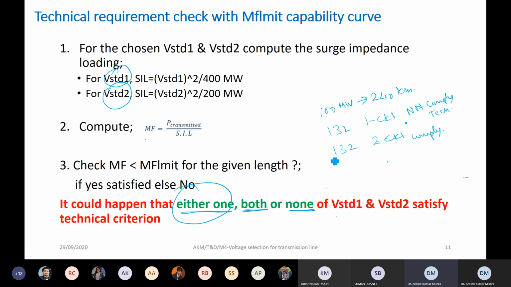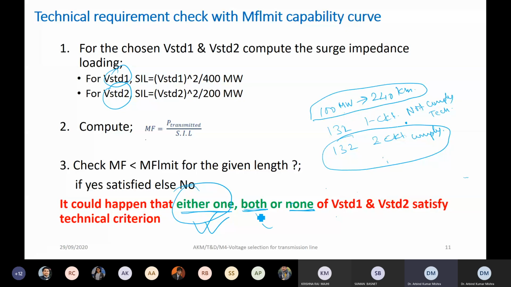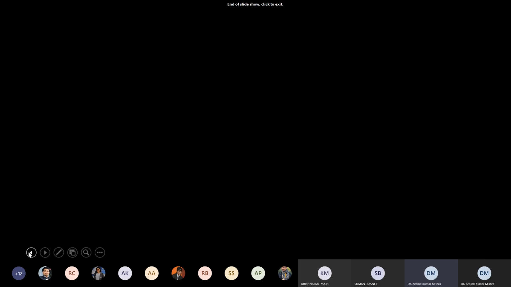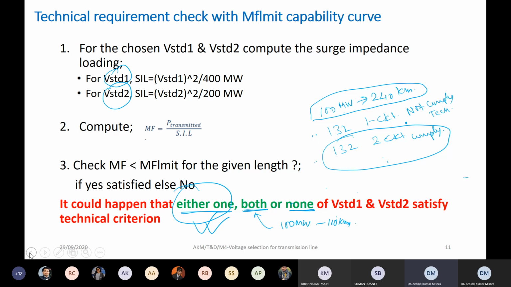So it was very easy to choose 132 kV double circuit for 240 kilometers. But in the case of 100 megawatt for 110 kilometers, you have seen that both of these options passed. Now you cannot use both. Finally you have to select one among these.